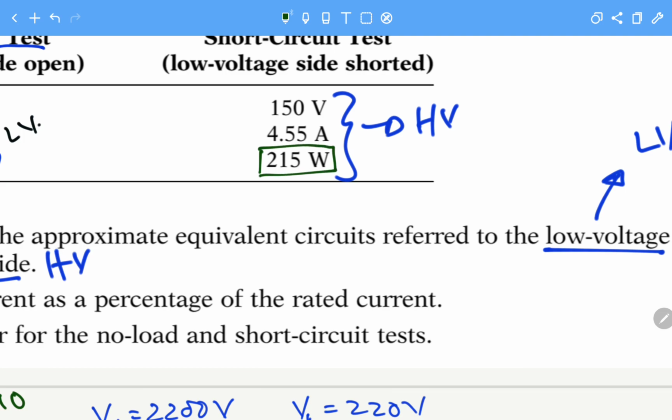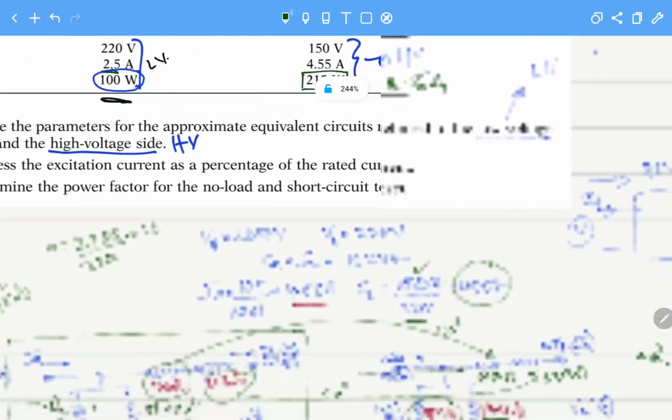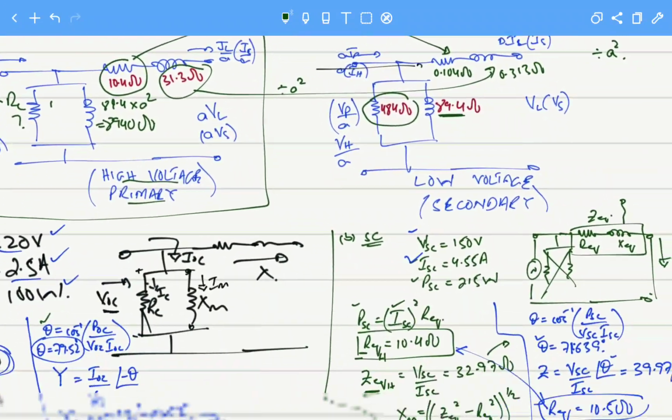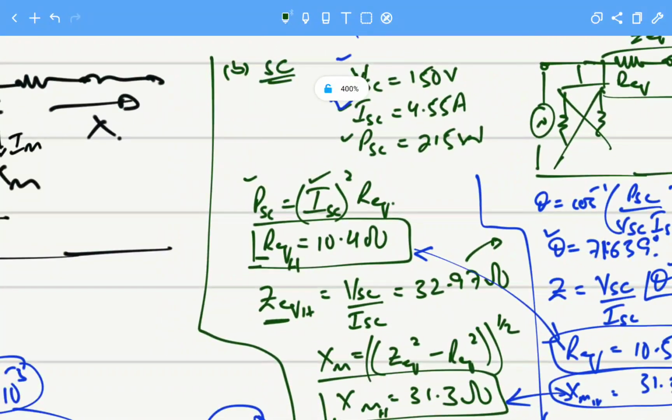But we should know that the power is not directly related, and it is actually equal to I short circuit square into R equivalent. So we utilize this value. If you remember, we calculated the value of R equivalent by this equation.